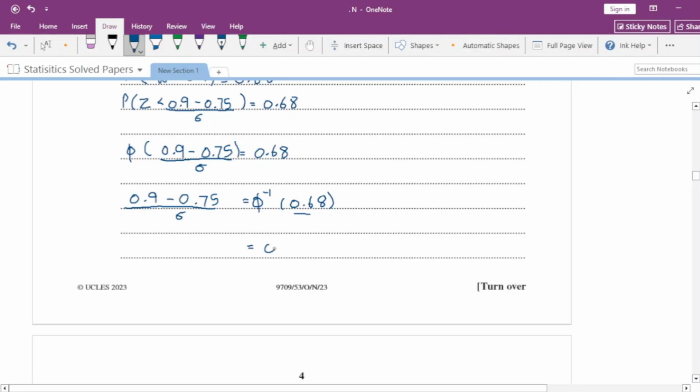So we come back with our z value, 0.468. That is our corresponding z value. Then we write 0.9, 0.75 on the other hand side as usual. Now we have just one unknown over here, so that easily makes the calculation simpler. Just rearrange and find out, and you would find the standard deviation as 0.321.